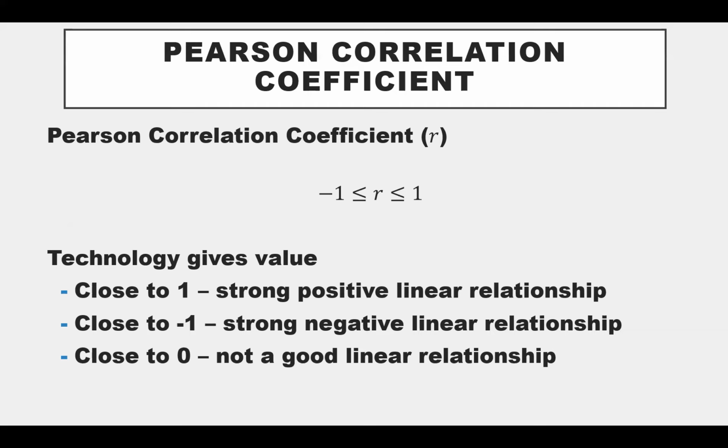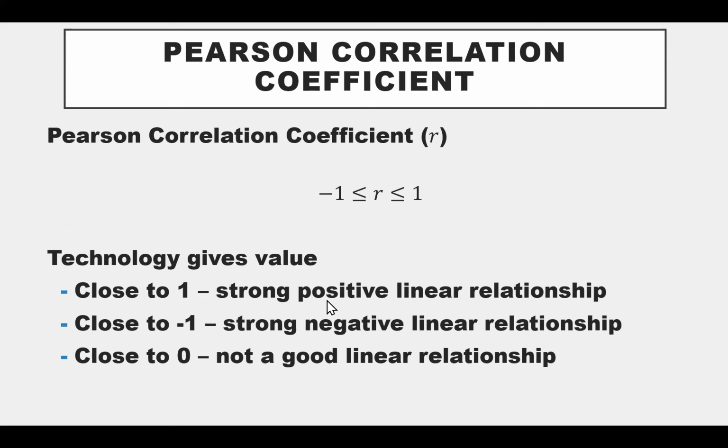How R works is the closer it is to 1 means a strong positive linear relationship. So the stronger positive linear relationship lines give R values close to 1. The strong negative linear relationship gives R values close to -1.